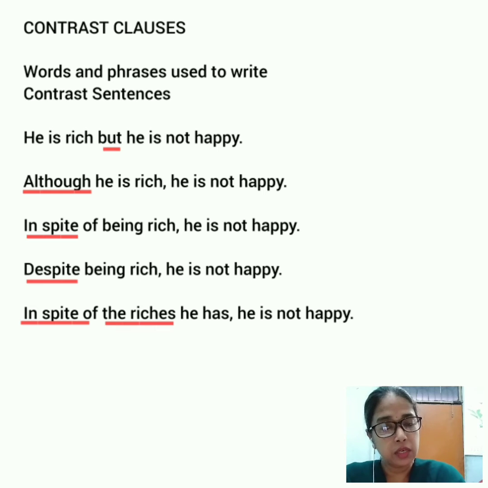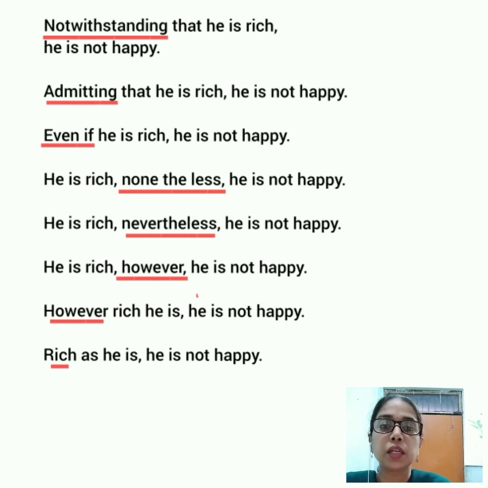So we can write using a noun phrase also after in spite. Now I'll tell you how to write sentences using other words and phrases. Now in the example you can see I have used the word notwithstanding. How do you write the sentence with that word? Notwithstanding that he is rich, comma, he is not happy.